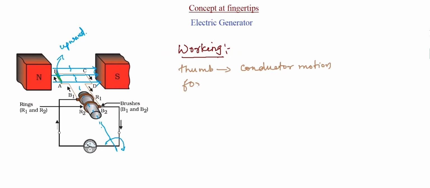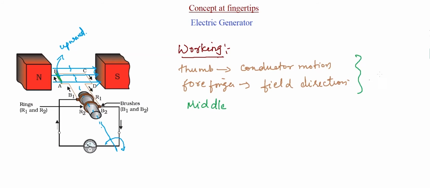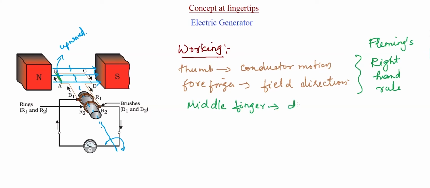The forefinger represents the field direction, and the middle finger points to the direction of induced EMF. This is Fleming's right hand rule. The thumb, forefinger and middle finger are all of the right hand, and we have to make them perpendicular to each other.